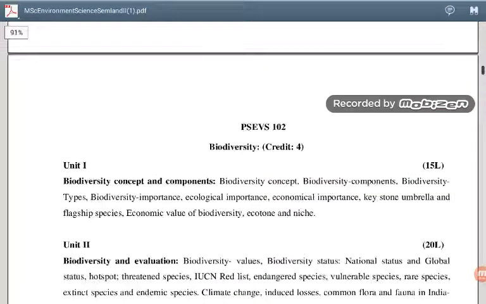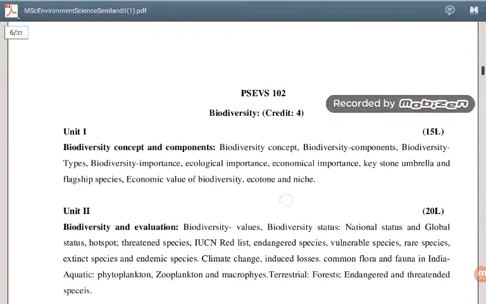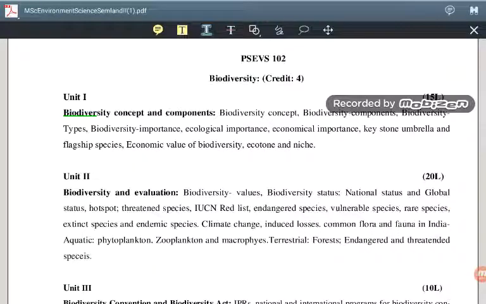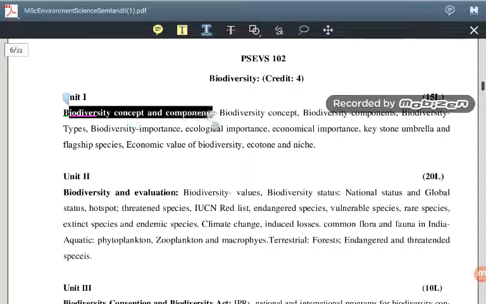Again it consists of 4 units. The first unit is nothing but biodiversity concept and components.